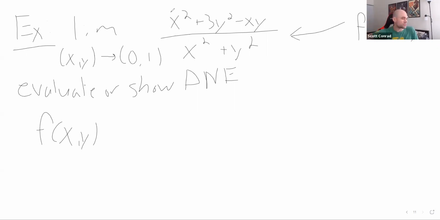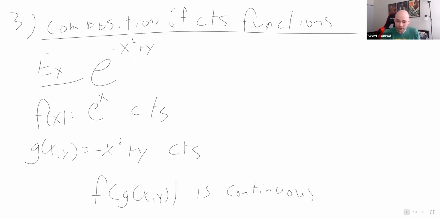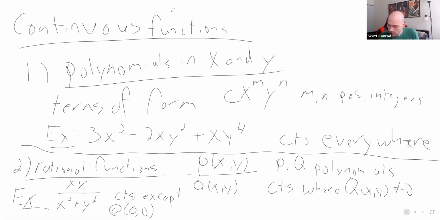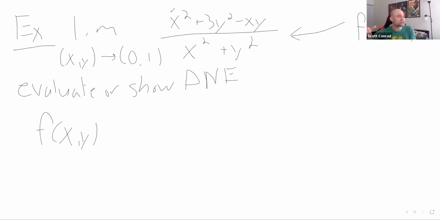Is it one of the continuous functions I just talked about? Well, it is. It's a rational function. And rational functions are continuous as long as the denominator is not 0. So at the point 0, 1, the denominator is not 0.